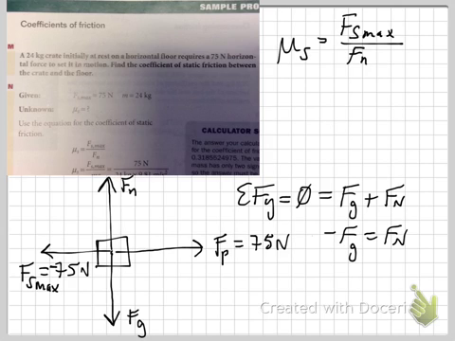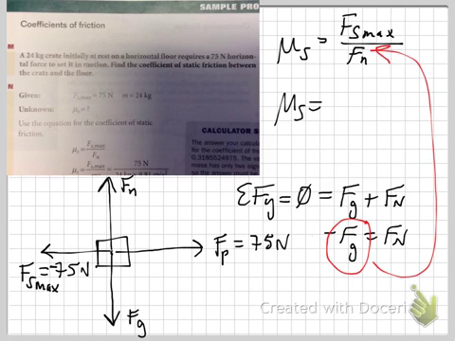Okay, so what we can then do is take this and plug it in there. So we now have mu s equals force of static friction max divided by the negative of Fg.